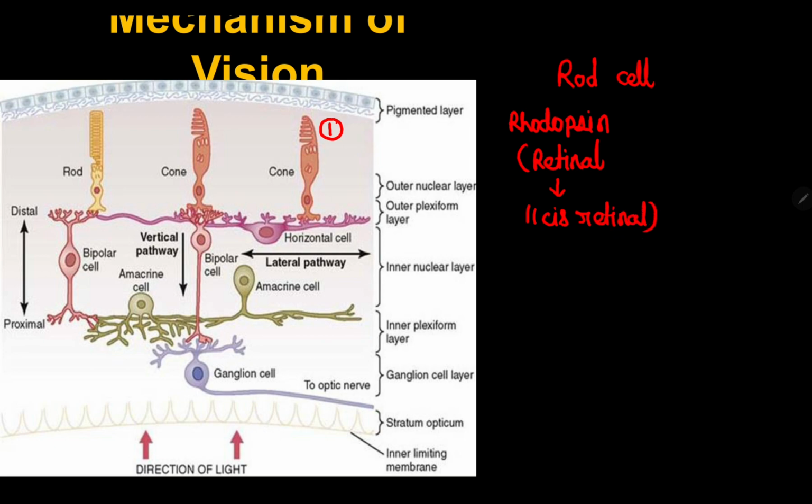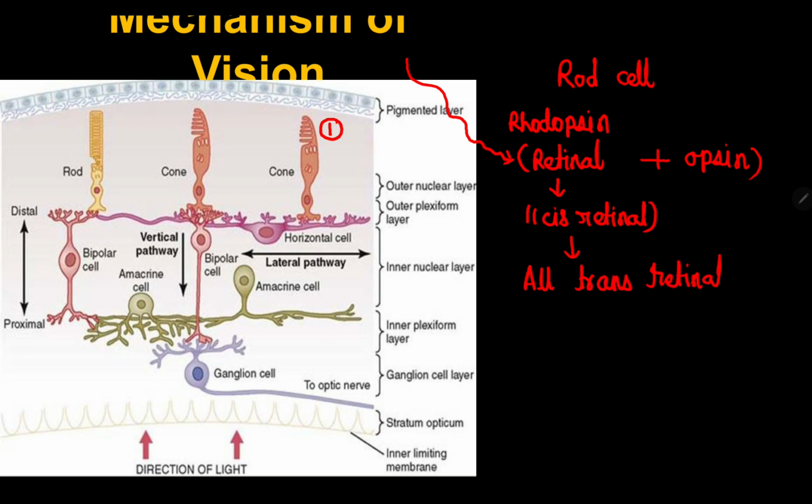And then we have one protein, opsin protein, which is attached to this retinol in the 11-cis form. When they absorb the light, this 11-cis retinol converts into all-trans retinol.